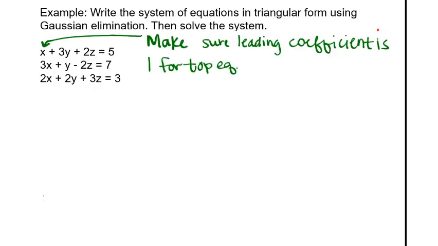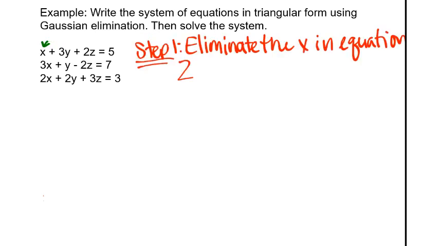Our first step is that we want to make sure the leading coefficient is 1 for our top equation. It is, so we can move on to step 2, which is essentially like step 1.